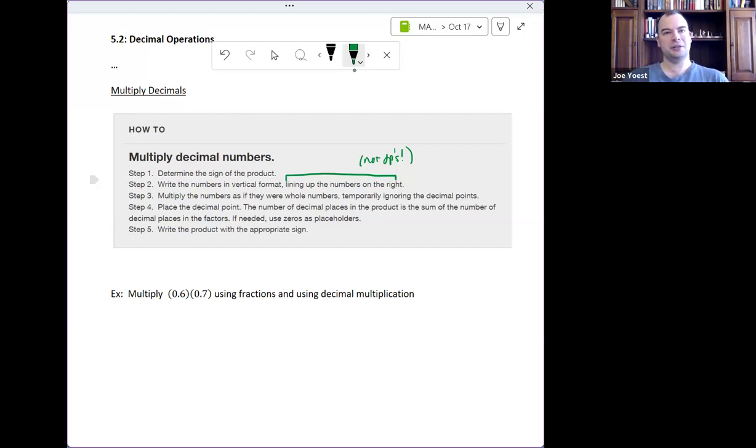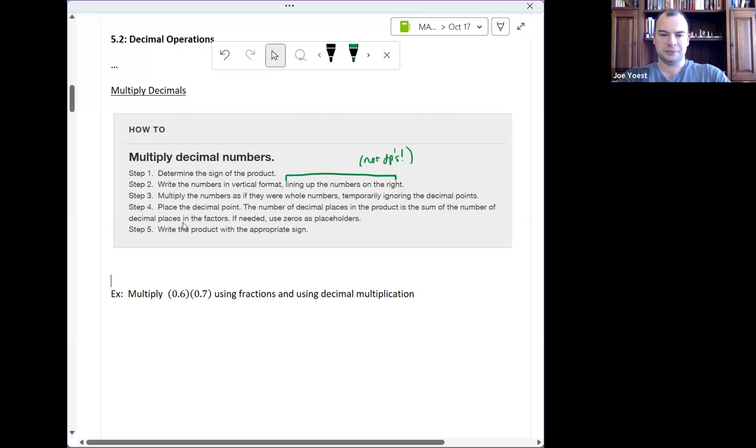Add or subtract, we line the decimal points up, and we add in zeros as buffers if we need them. But when we're multiplying decimals, we just push everything over to the right. We don't care if the place values line up vertically with one another. Then we multiply the numbers as if they were whole numbers, basically just ignoring the decimal points for the time being.